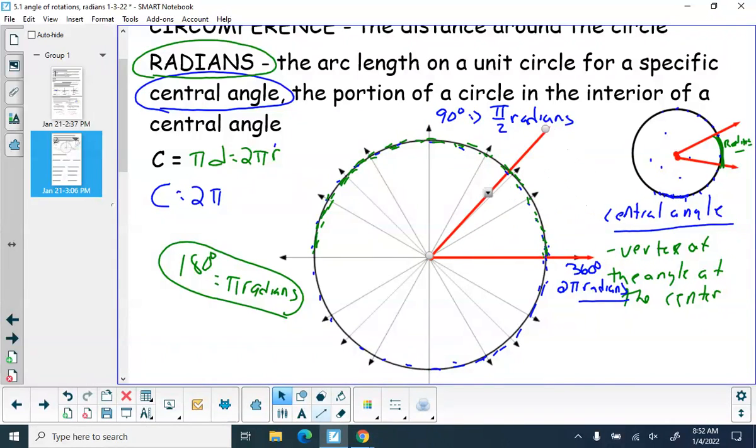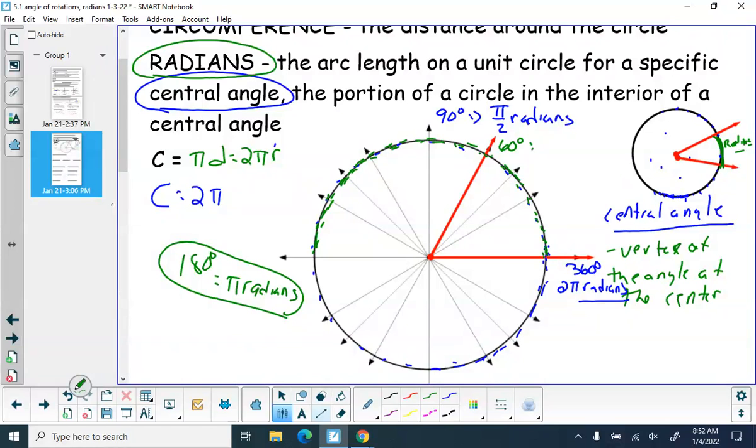What if we rotated this 60 degrees? How many radians would be 60 degrees? Well, if I went 90 degrees, that would be pi divided by 2. What would be 60 degrees?